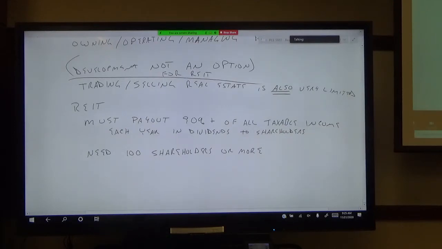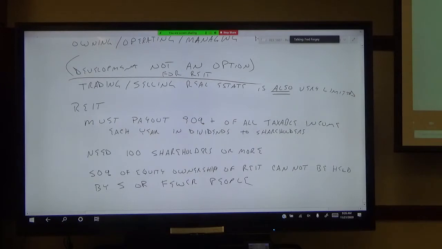Okay. 50% of equity ownership of the REIT cannot be held by 5 or fewer people.